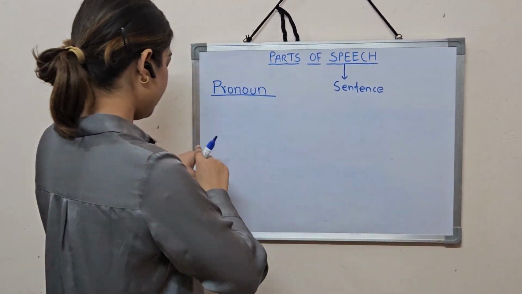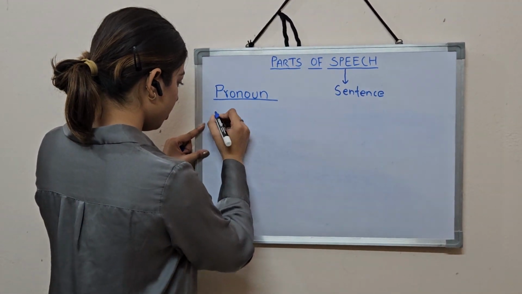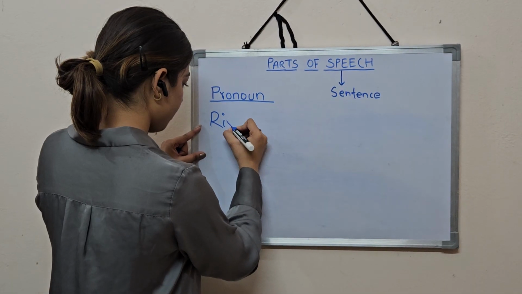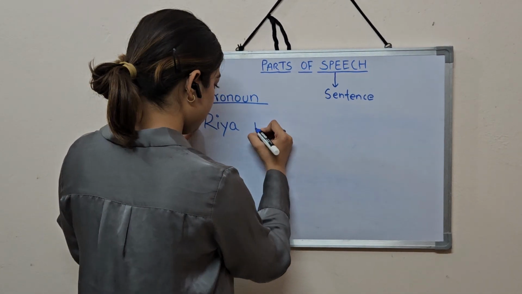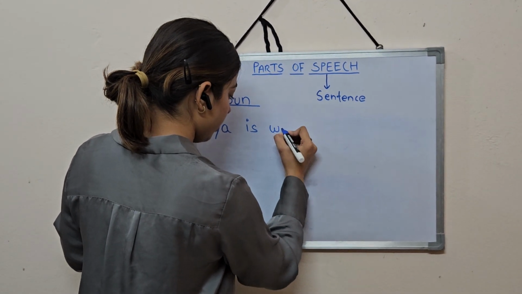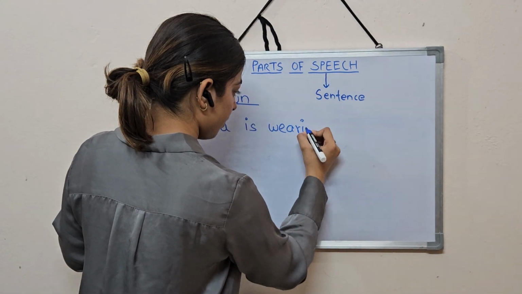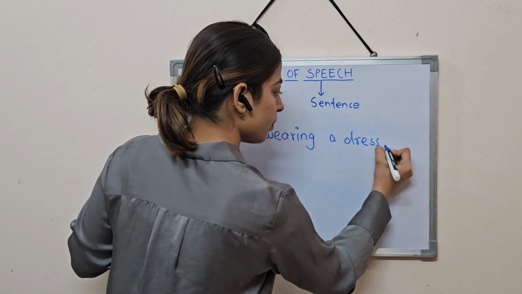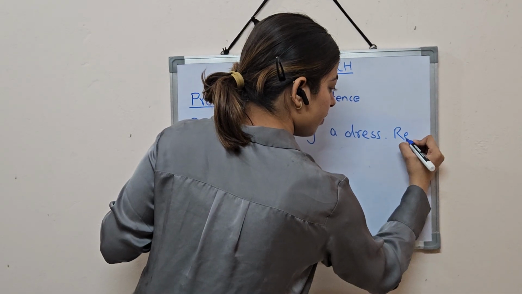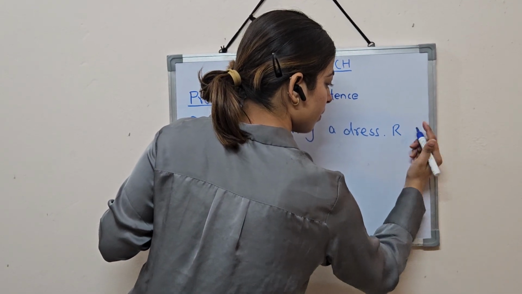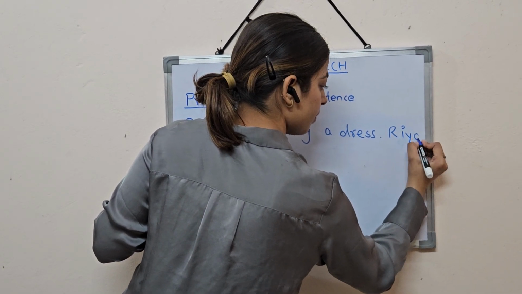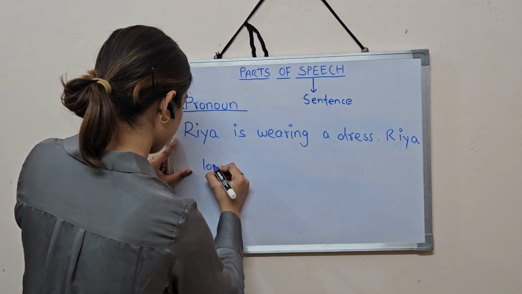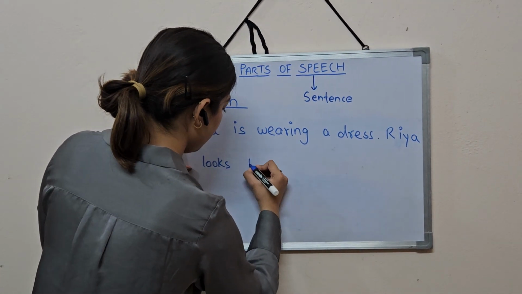Now, if I write: Riya is wearing a dress. Riya looks beautiful.